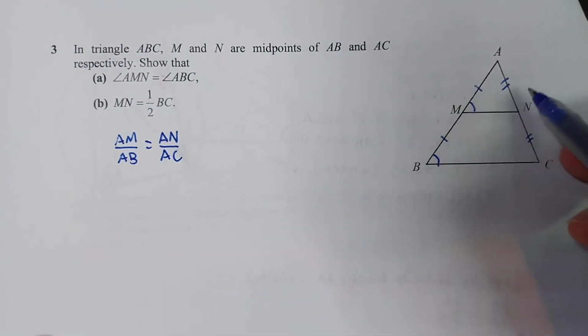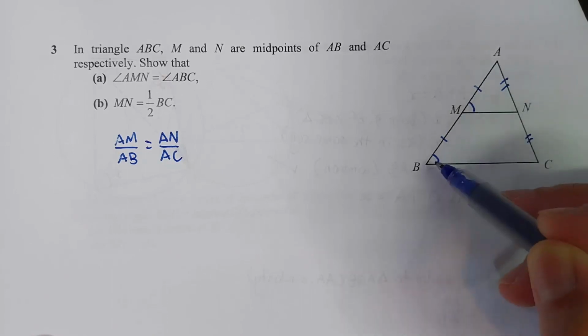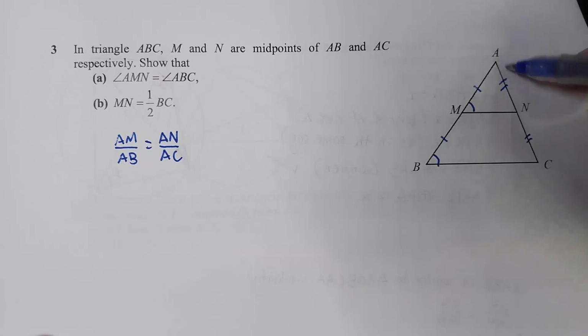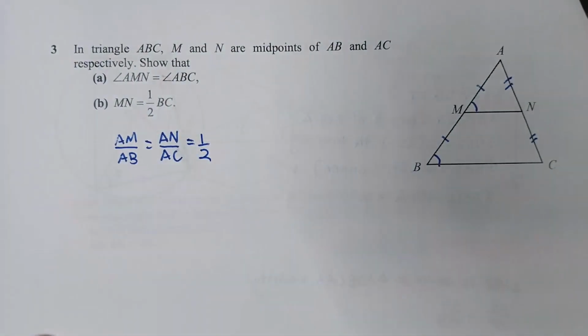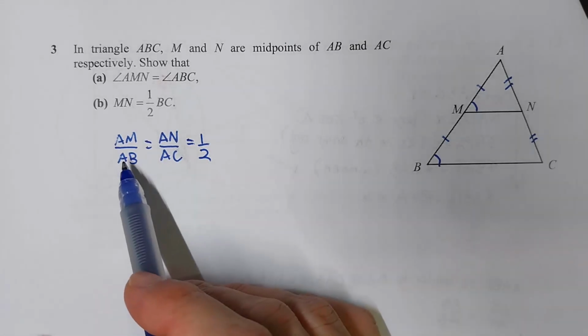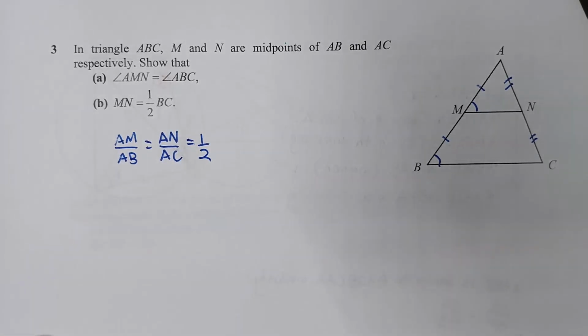These two lengths need not be equal, but the ratio of AM over AB is 1 over 2. The ratio of AN over AC will also be equal to 1 over 2. So we have SS for the similarity test.